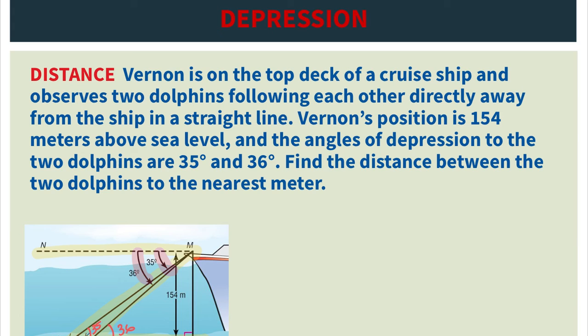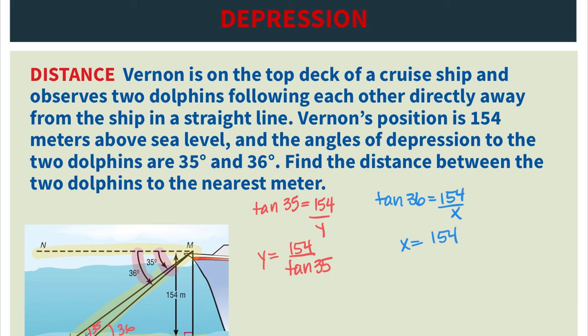If we have the angle, we know the opposite and the adjacent. So the tangent of 35 is equal to 154 over y, so y is equal to 154 over the tangent of 35. And the tangent of 36 is equal to 154 over x, so x is equal to 154 over the tangent of 36.